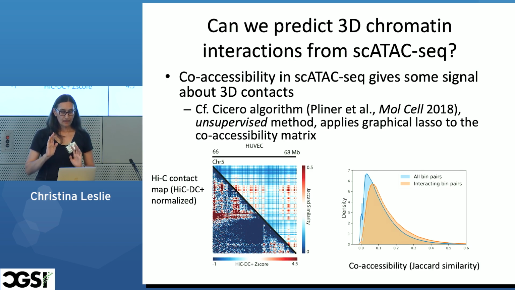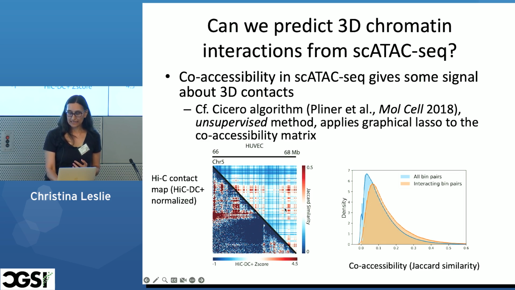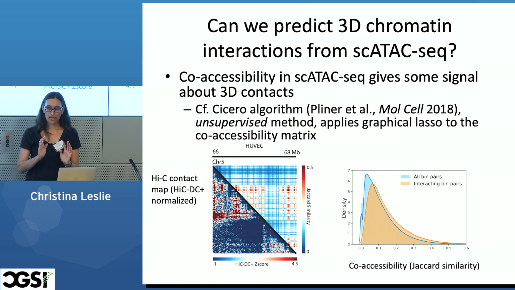And just to see, is there support for this? What I'm showing in the corner is the co-accessibility matrix, similar to what Cicero uses, at the top, and the actual Hi-C contact matrix normalized the way we normalize with HiCDC scores, okay?